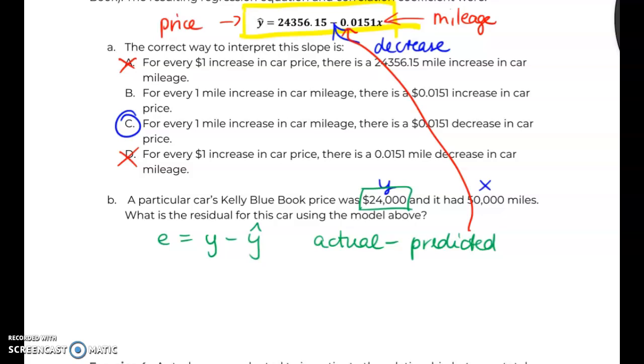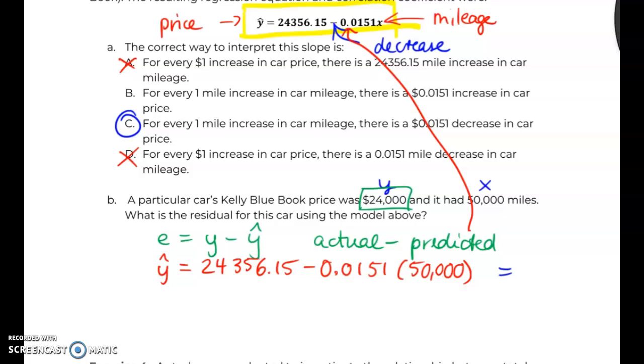So y hat is equal to 24,356.15 minus our slope, which is negative 0.0151. And then we're going to plug in our value, which is the 50,000 miles over here.